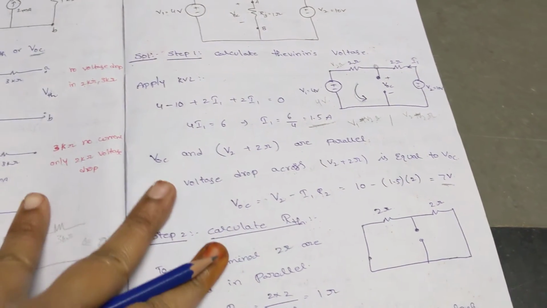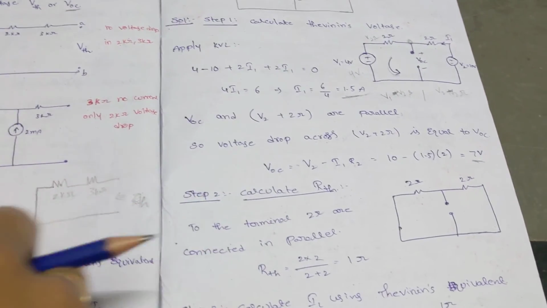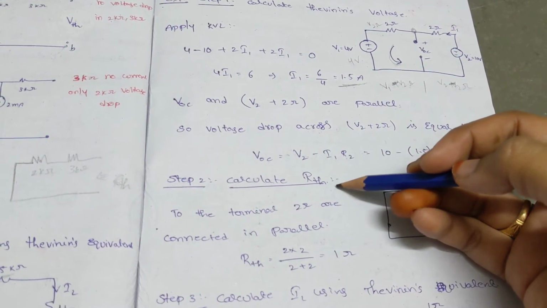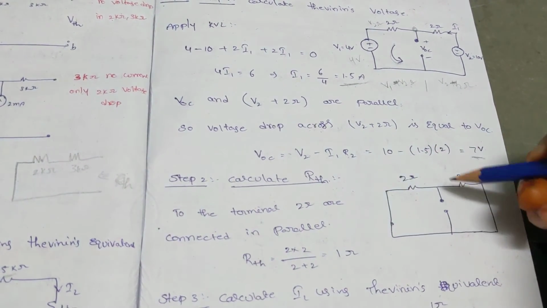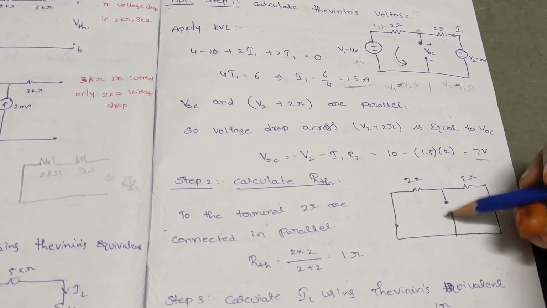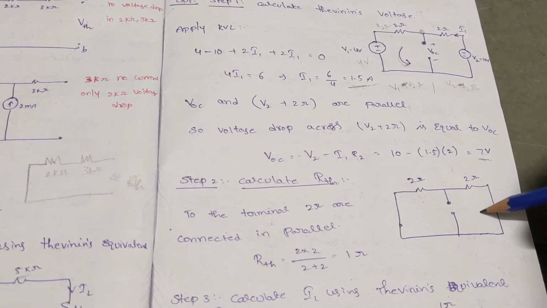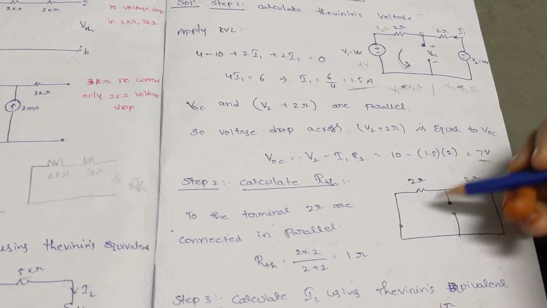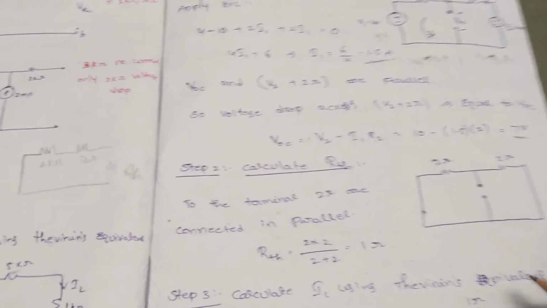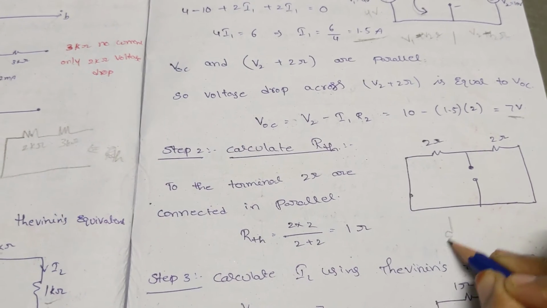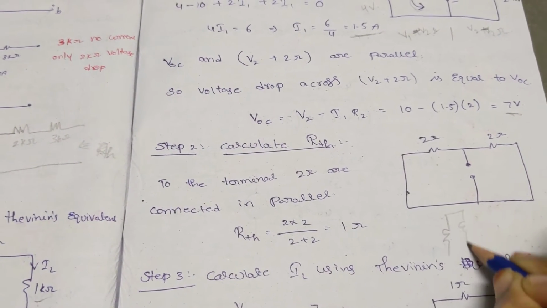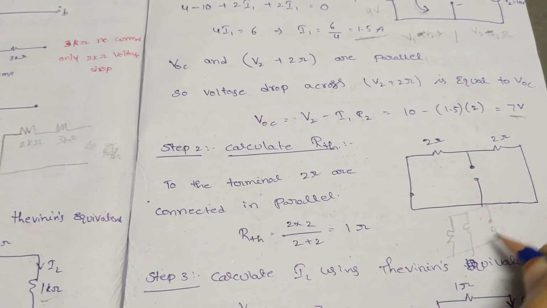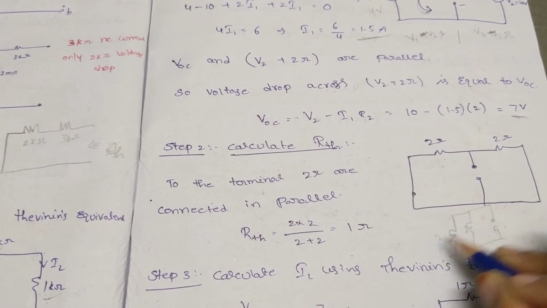In the same way, if I want to find out the RTH, that means Thevenin's equivalent resistance, I open the circuit and reduce the rest of the voltage sources to 0. Then these two resistors appear like parallel branches, 2 ohms and 2 ohms.